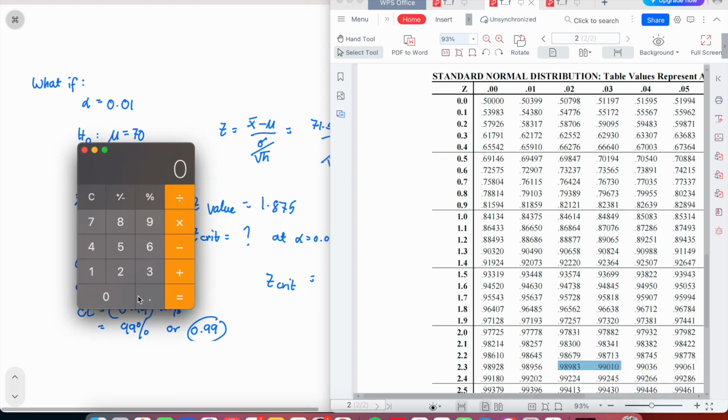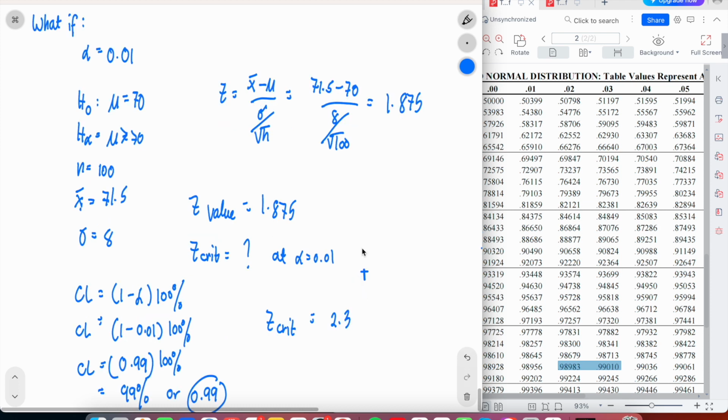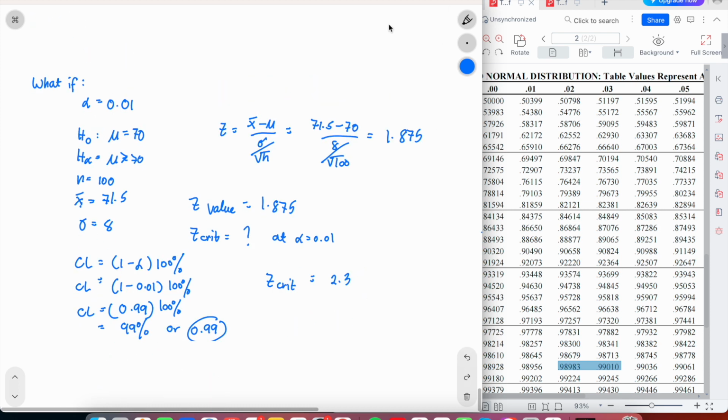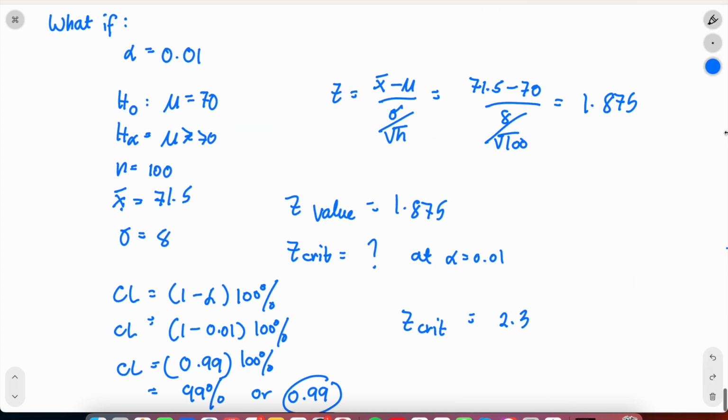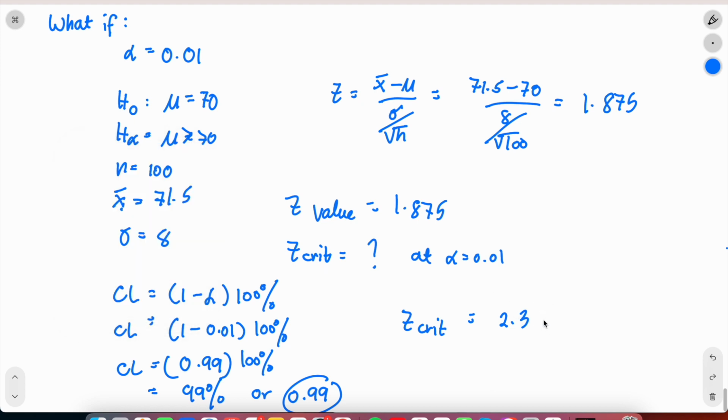So 0.02 plus 0.03, the average divided by 2. So 2.3 plus 0.025.